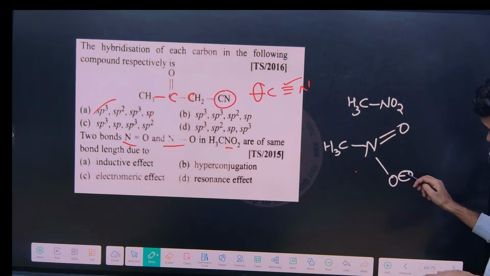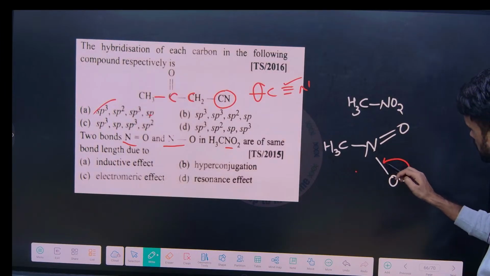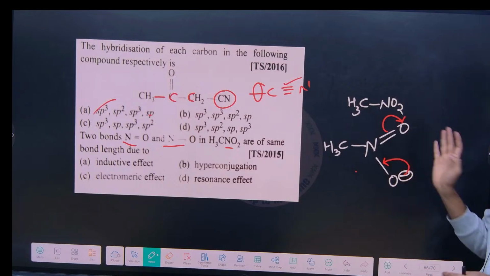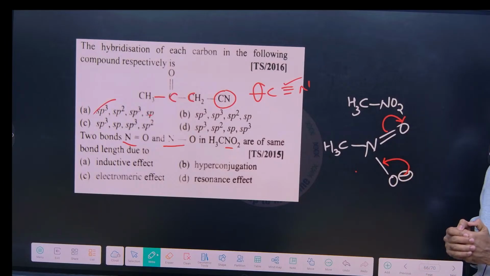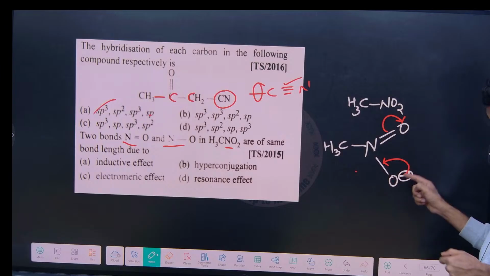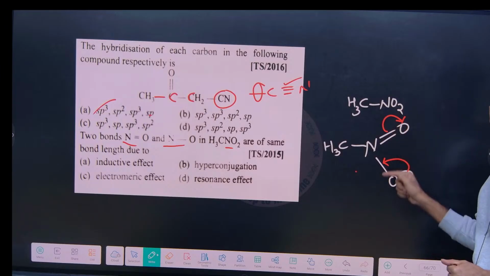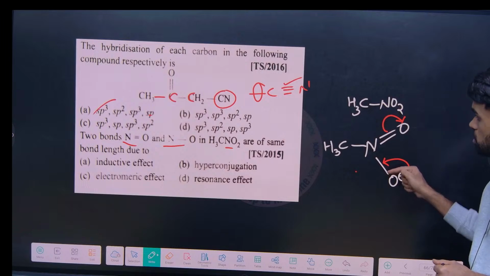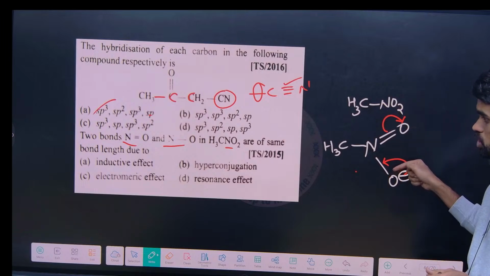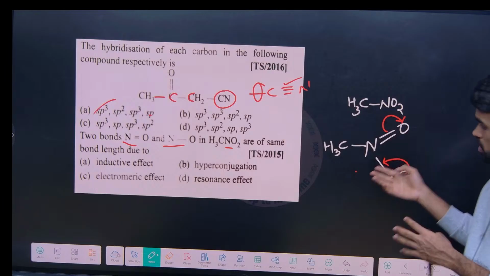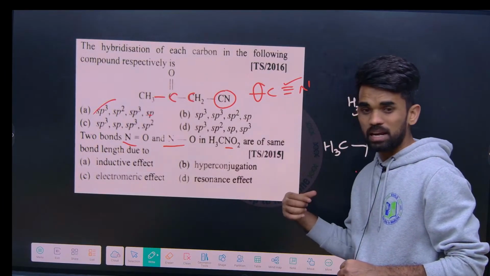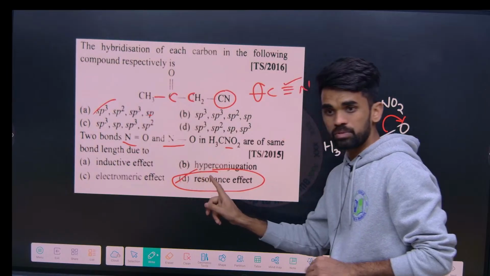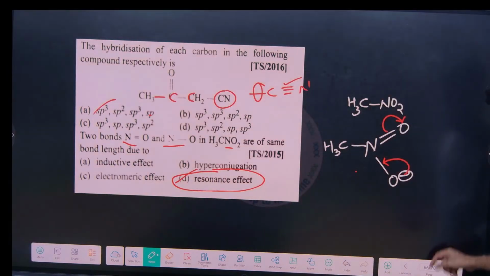The negative charge of oxygen is donated here, and the pi bond will be donated onto the other oxygen. So this is equivalent conjugation. Why am I saying equivalent conjugation? The conjugation is taking place between 2 same atoms. If it is between the same atoms, we can say equivalent conjugation. So due to this equivalent conjugation, the bond length is the same. So which effect is that? Conjugation of pi electrons is nothing but the resonance effect, 4th option. Okay, that's it. Next.